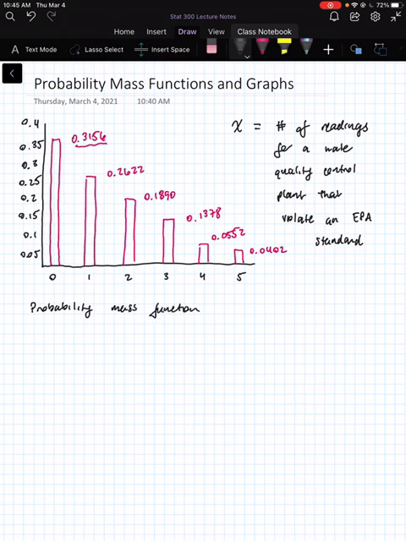What we were writing as the probability of x, right, which is literally the probability of outcome x, is a function of the outcomes, the measurable outcomes, 0, 1, 2, 3, 4, 5, right? So P of 0, its output is the probability of that outcome, 0.3156.